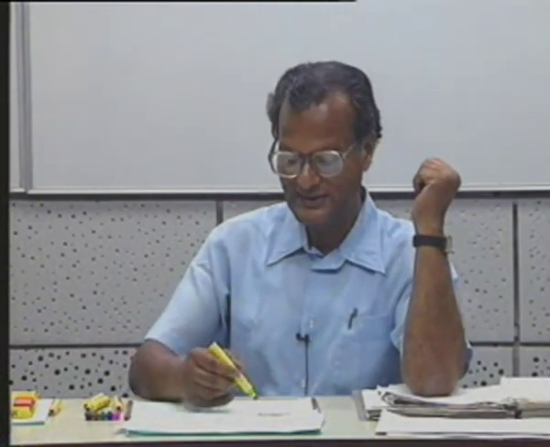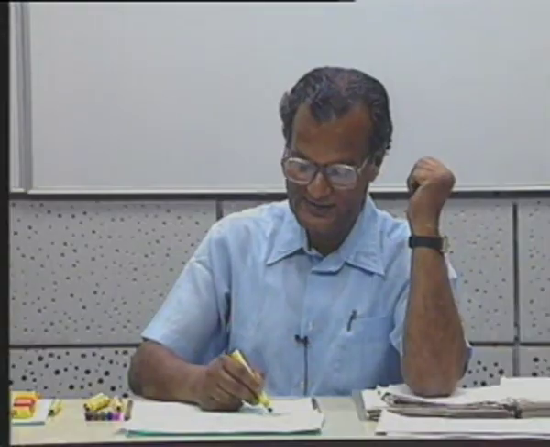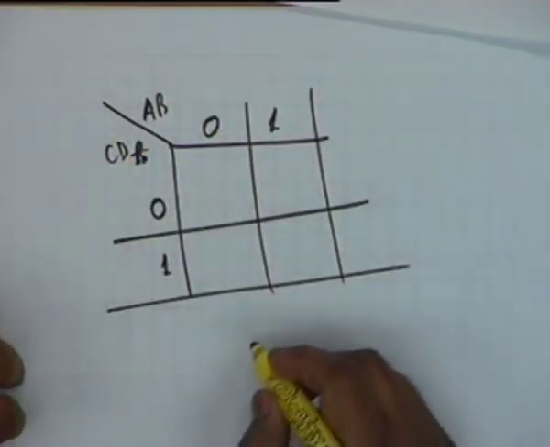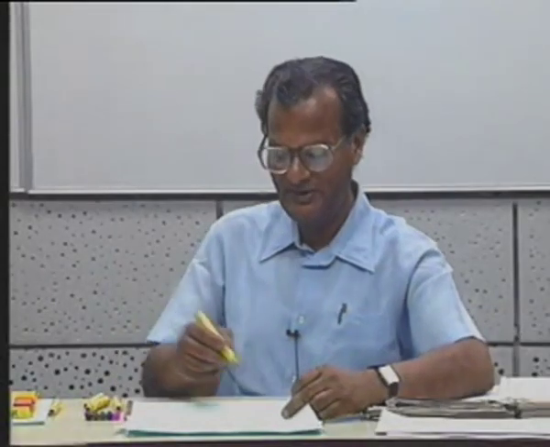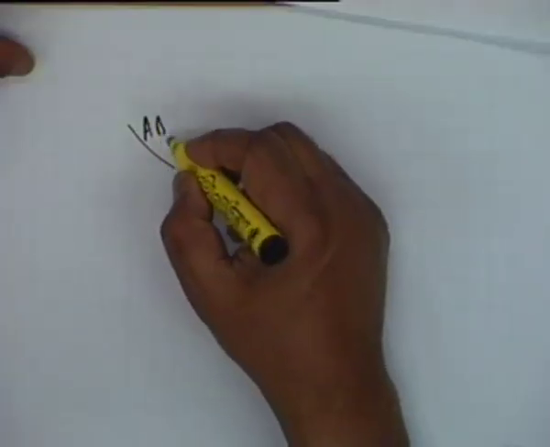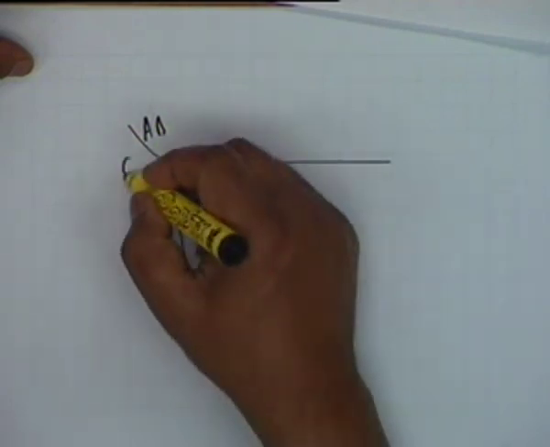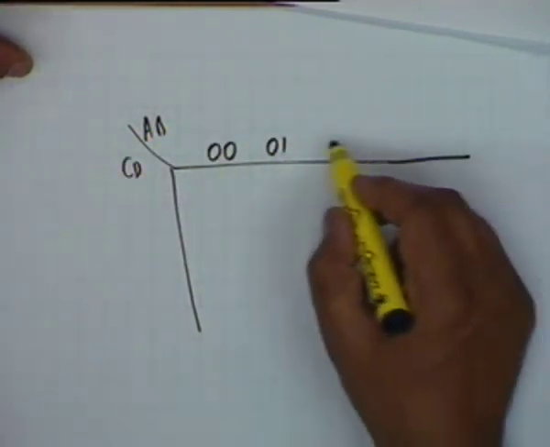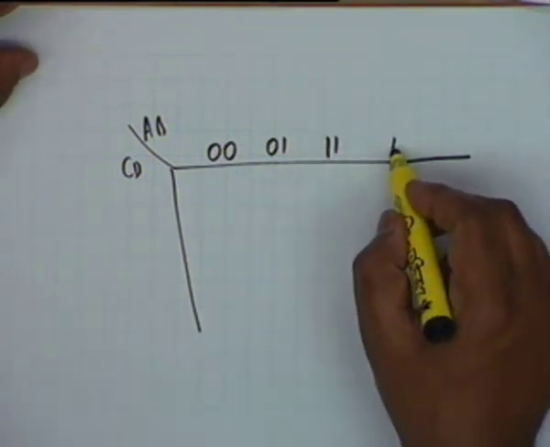Suppose you have 4 variables. That is, you have, let's say, AB and CD. Then you see the AB possibilities are 0 0, 0 1, then 1 1, 1 0.